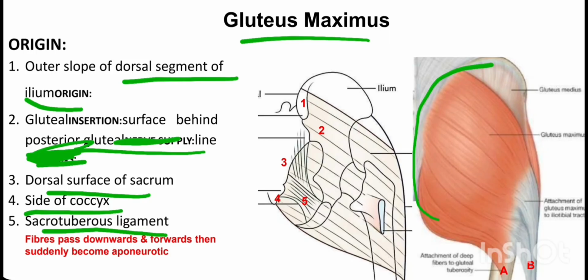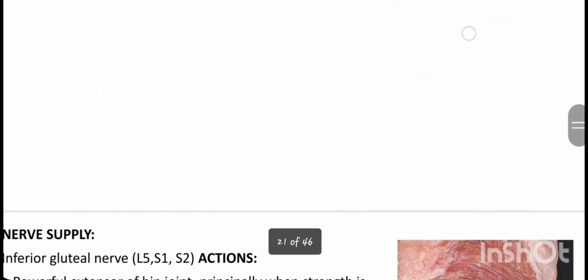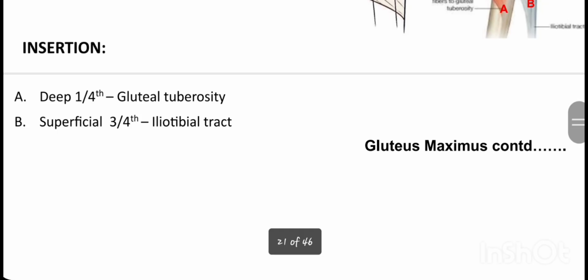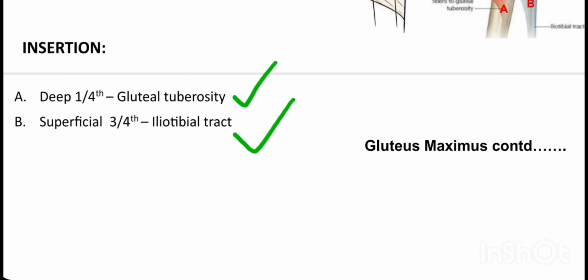Coming to the insertion, it gets inserted into the gluteal tuberosity and the iliotibial tract. So these are the insertions of the gluteus maximus muscle.